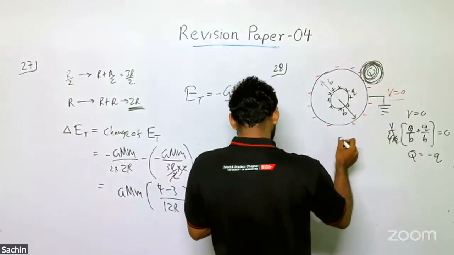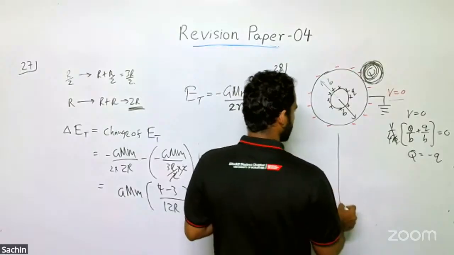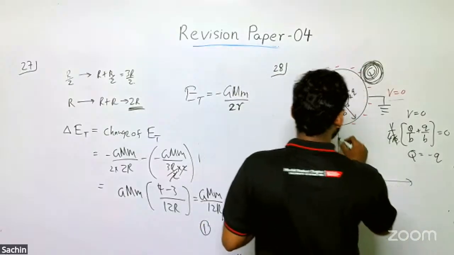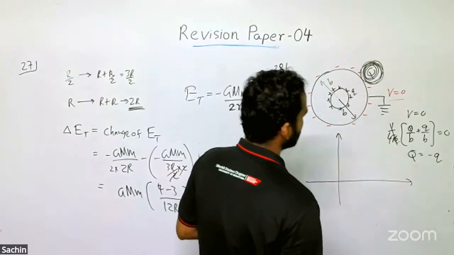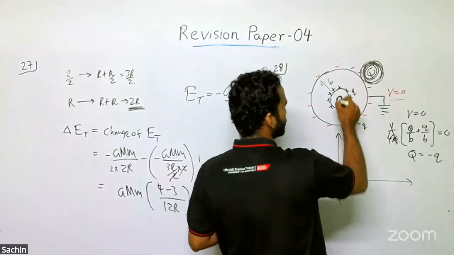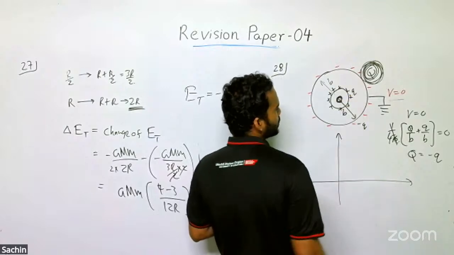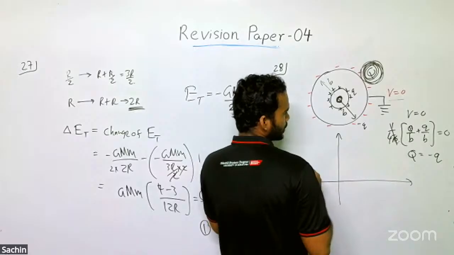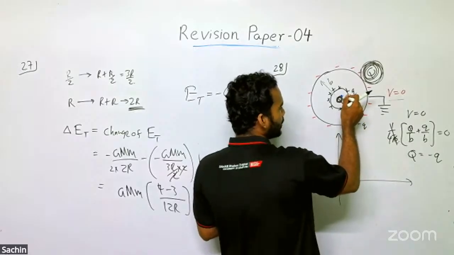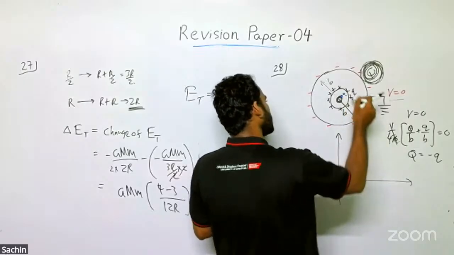Now you can take the graph for the electrostatic potential. Very simple. So how to obtain? So here it is minus Q. When you consider this area, I mean inside both these spheres, the potential at any point is constant. Why?